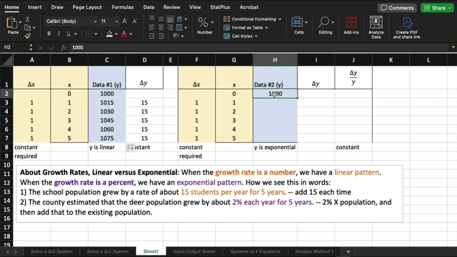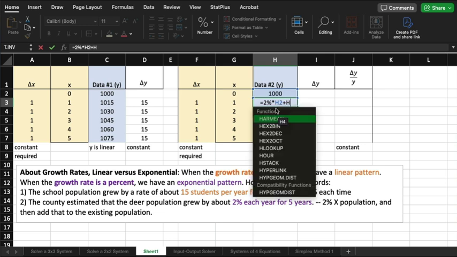So let's look at our deer population growth. The deer population is growing by 2% each year for 5 years. So this is how we calculate that in year 1. We take 2%, and you can actually type in the 2% and multiply it by the number in H2. So take 2% of H2 and then add that to H2.